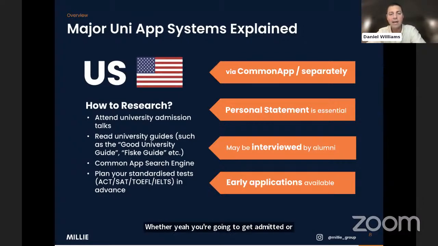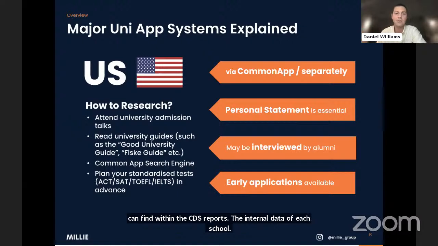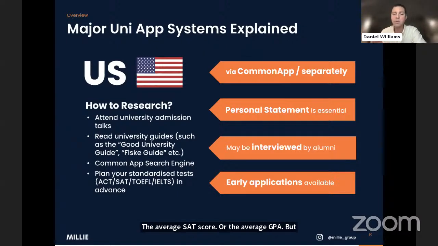You can find within the CDS reports, the internal data of each school, the average SAT score, or the average GPA, but some schools don't show that, and these are also fluctuating all the time. So the best way to research schools in the US is to read university guides.